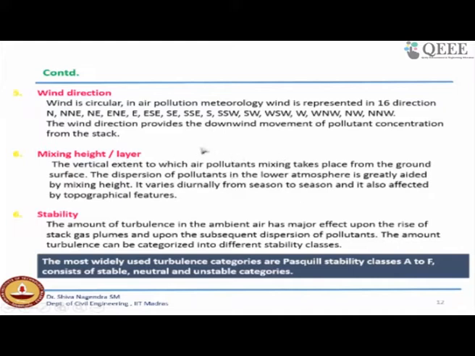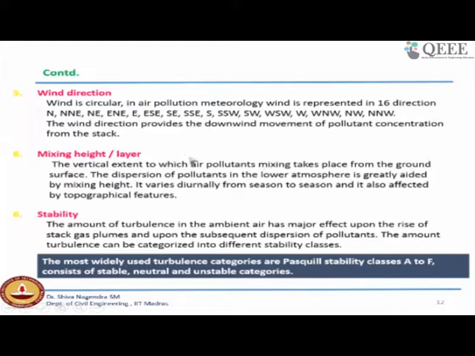In winter, the mixing height will be a few hundred meters, hence less volume is available, and since the source is more or less the same, all the pollutants released from the different sources accumulate. Since the volume is less, you will notice more concentrations during the winter season. Whereas in the summer season, you will come across a very good mixing height, hence more volume, and the concentrations will be very low.